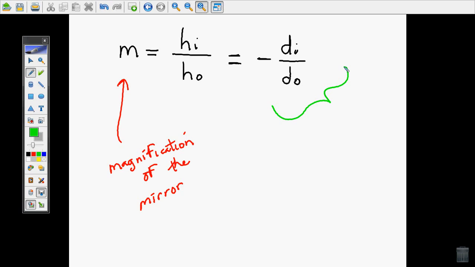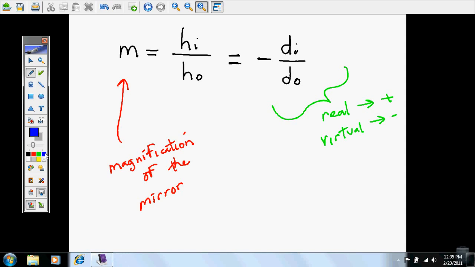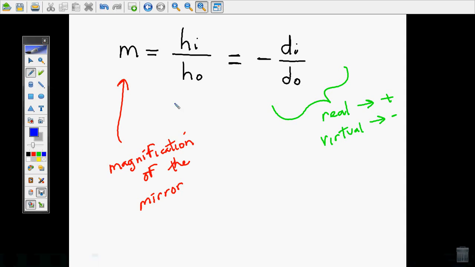So for dO and dI, real, positive values, virtual, negative values. But for hI and hO, it goes by its own rule.